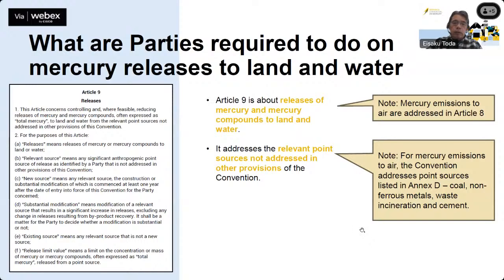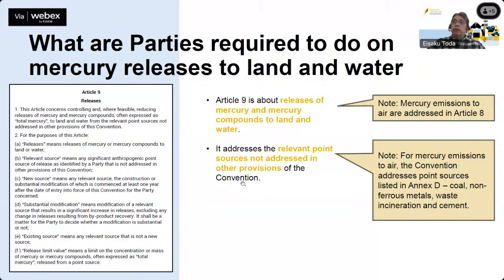So I will look specifically at what Article 9 says about the obligations of the parties to control the mercury releases. Firstly, Article 9 is about releases of mercury and mercury compounds to land and water. As I said, the emission to air is controlled by Article 8.